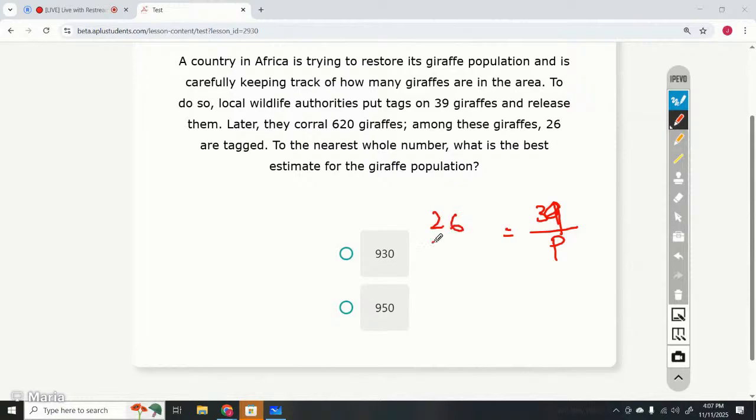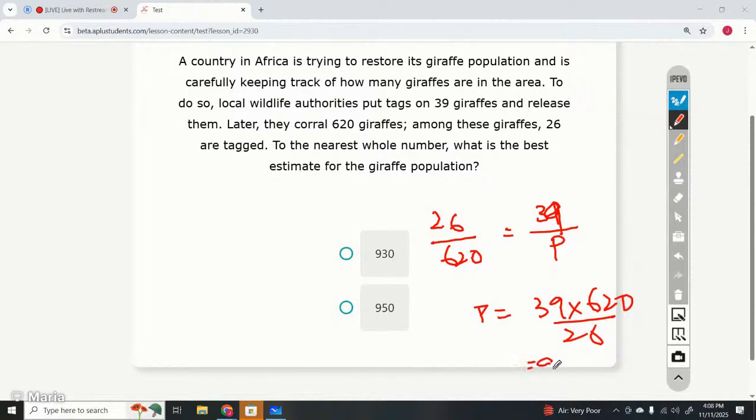So 26 of them are tagged out of 620. So we have P is equal to 39 times 620 divided by 26. That is 39 times 620, 24,180 divided by 26.